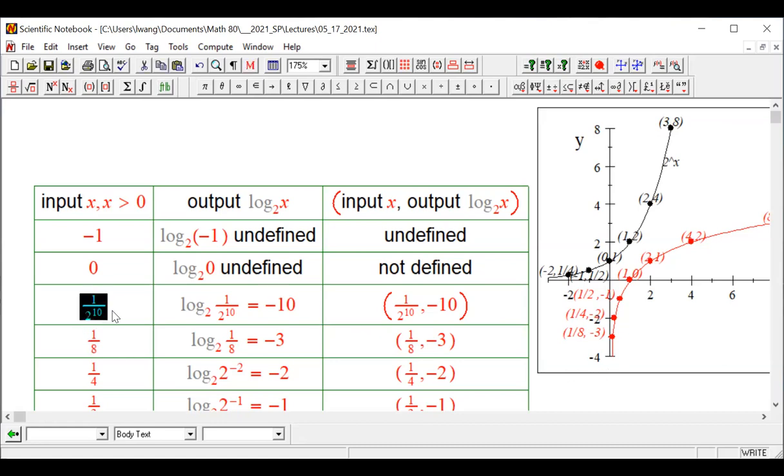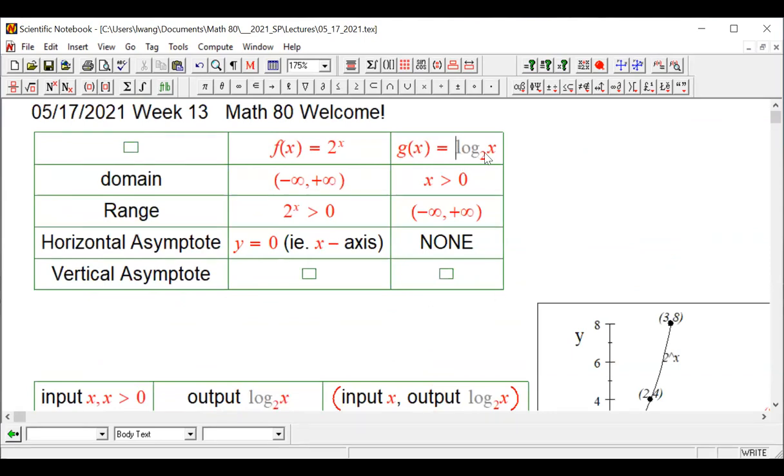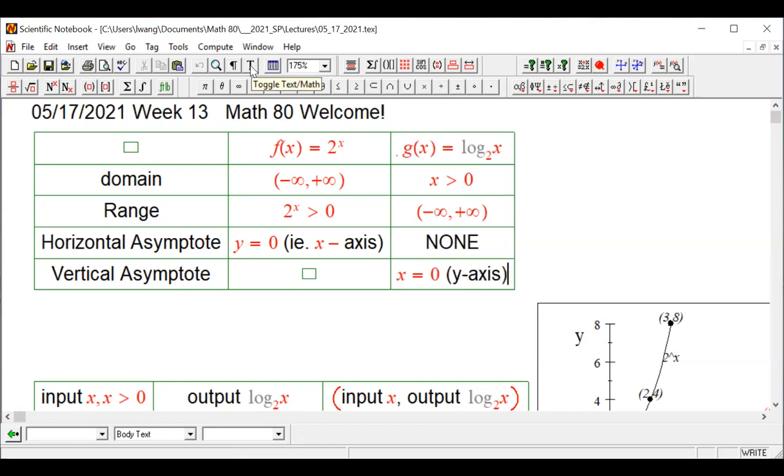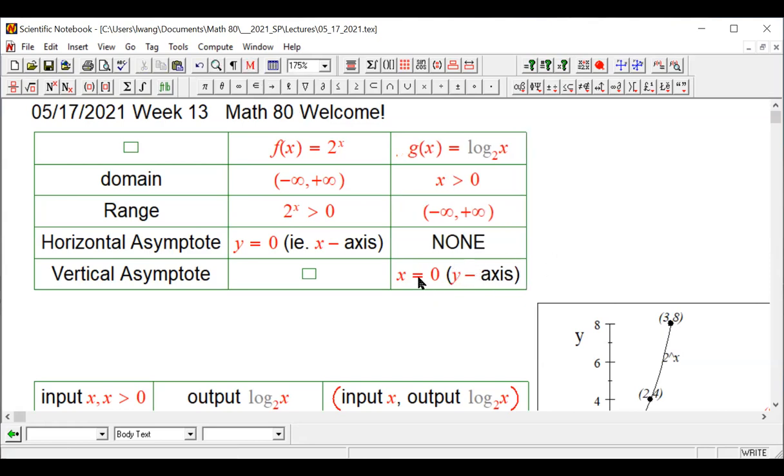We have different inputs, these are positive inputs, but it will never touch the y-axis. So for log base 2 of x, it has a vertical asymptote, which is the y-axis itself, x equals 0, but it never touches it. And of course, for this one, a vertical asymptote doesn't exist.